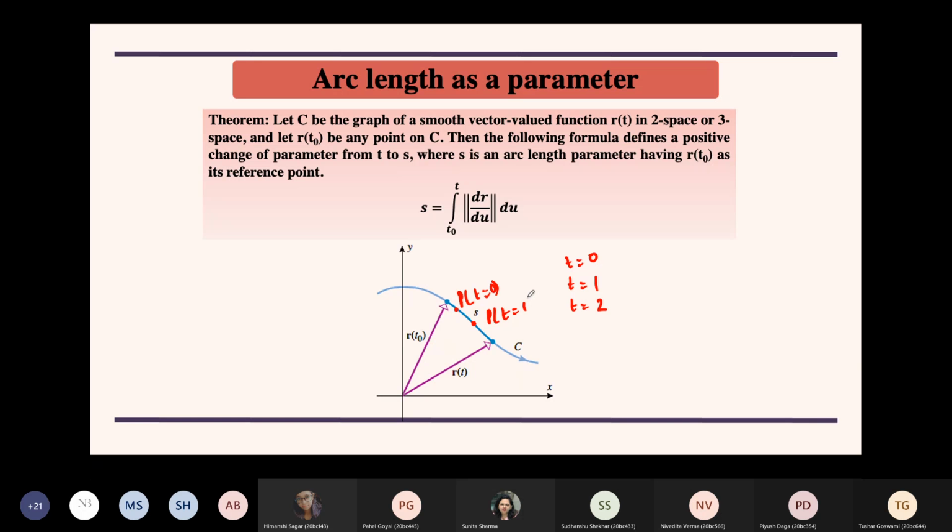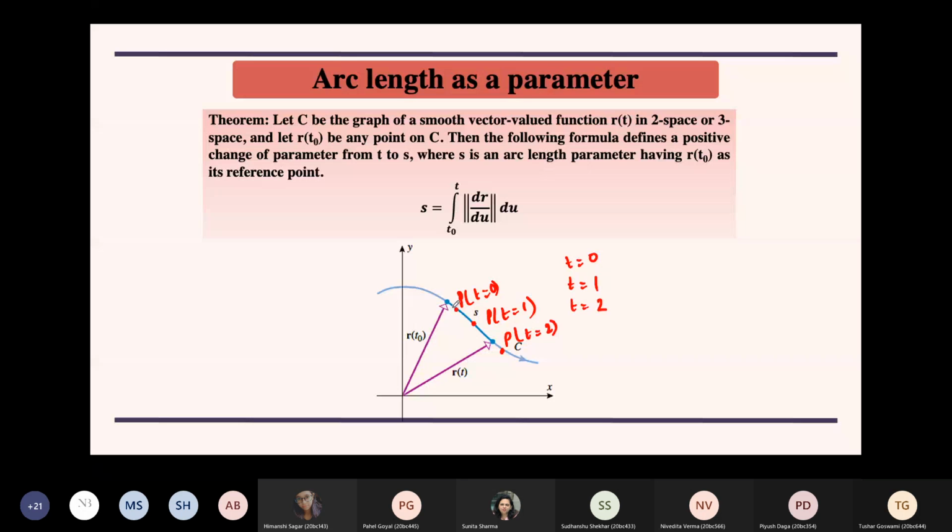And if you want, you can find another: t equals 2 is giving me a point here. So I know that the increase in t is resulting in moving in this direction. So when I'm increasing t along the curve, I am moving in this direction. That is why this arrow is being used as the direction of the curve.